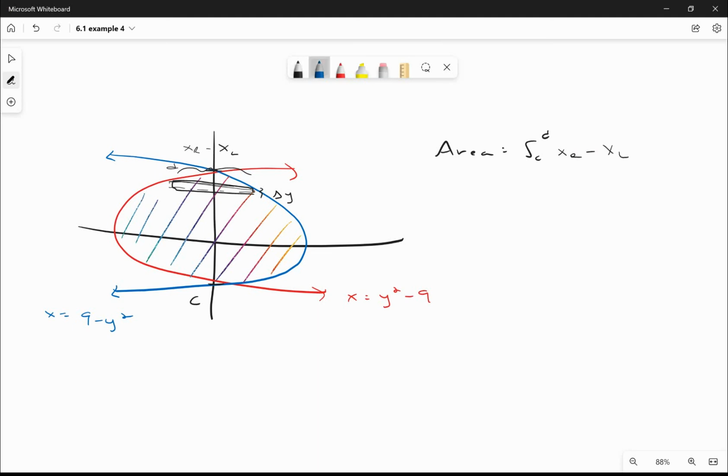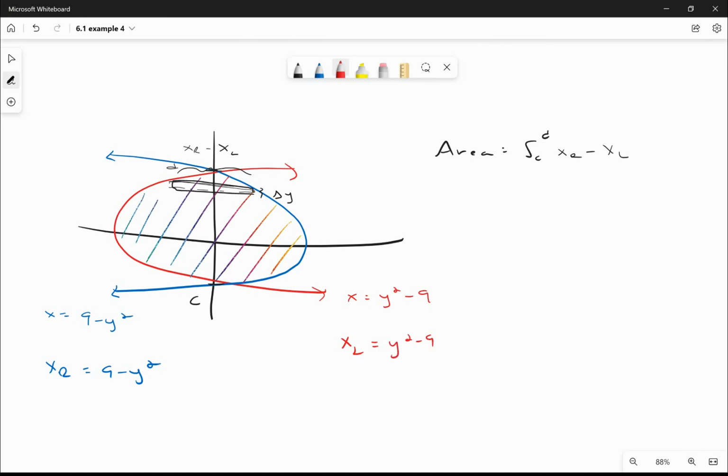It's pretty easy to see that the right function is the blue one, so xr is equal to 9 minus y squared. And the left function is the red one, so xl is equal to y squared minus 9.